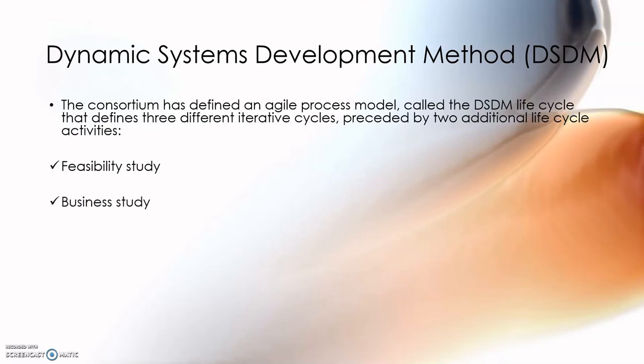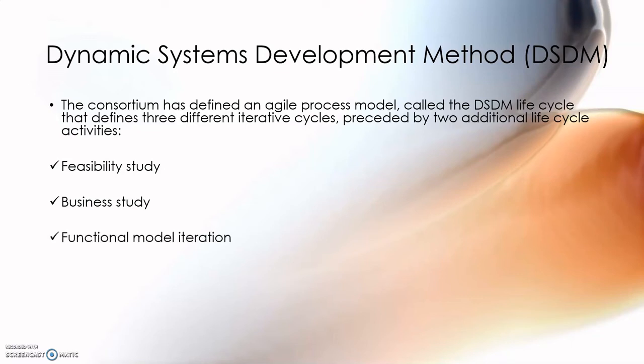Then we have business study, which establishes the functional and information requirements that will allow the application to provide business value, and also defines the basic application architecture and identifies the maintainability requirements for the application.